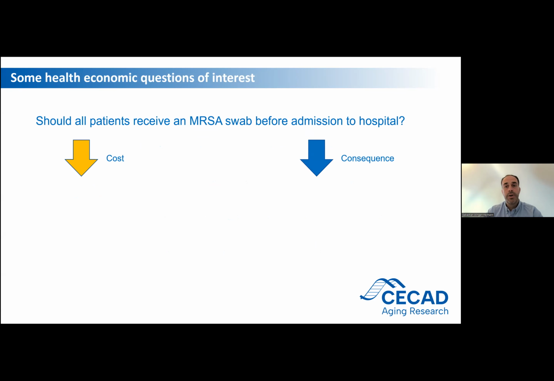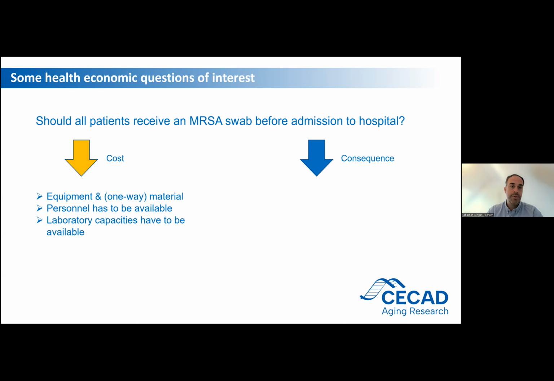So look at the cost-consequence questions. And coming back to our first question, should all patients receive an MRSA swab before admission to hospital? We see on the left-hand side the costs. For example, for the equipment and the one-way material that is used, the personnel which has to be available, or lab capacities that have to be available as well.